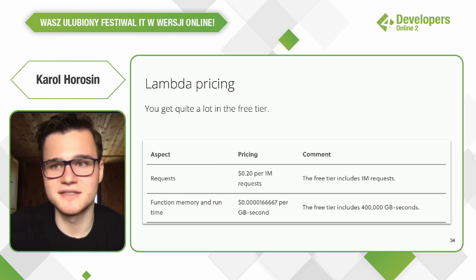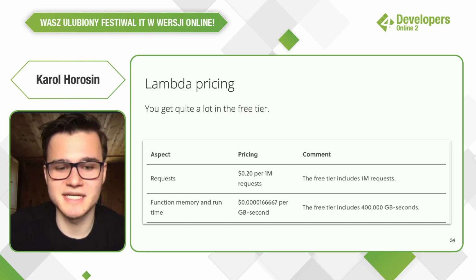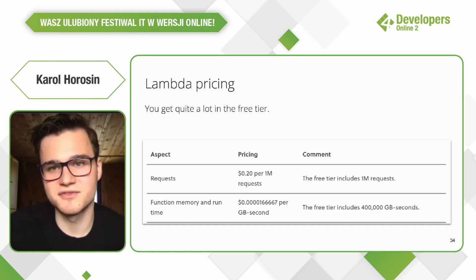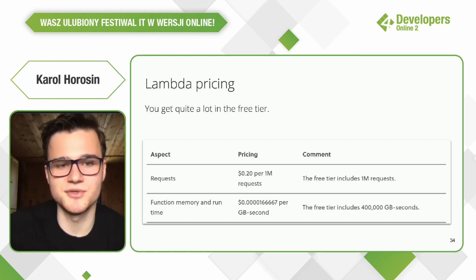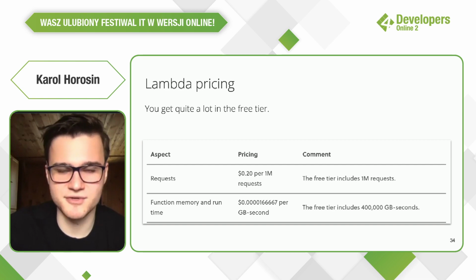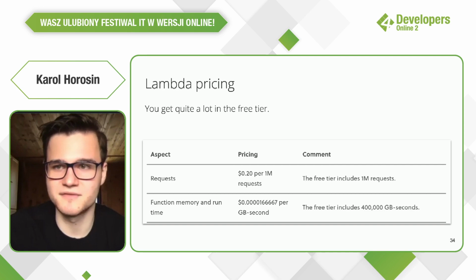One thing is that the CPU in the Lambdas is relative to the RAM. So if you need more CPU, you have to increase the RAM, and that's how the CPU is increased. But as you can see, you can get started for free, and that's always free. That's not like for a year or for a month. That's free always, and only if you surpass that do you pay.